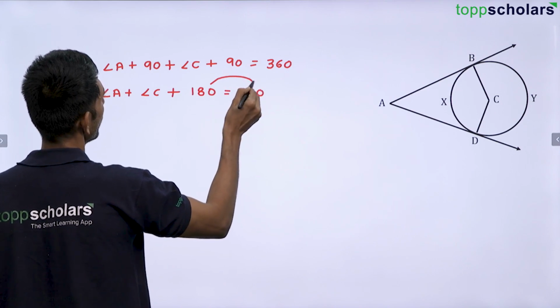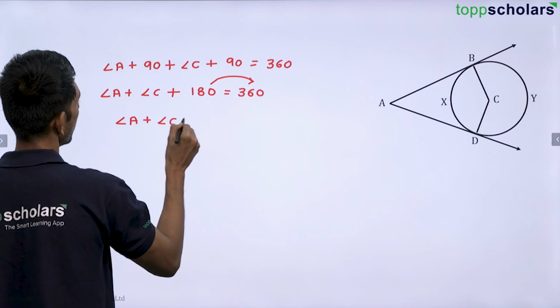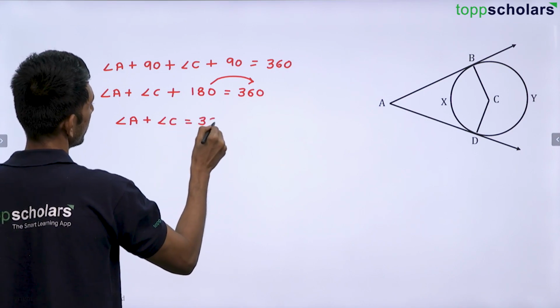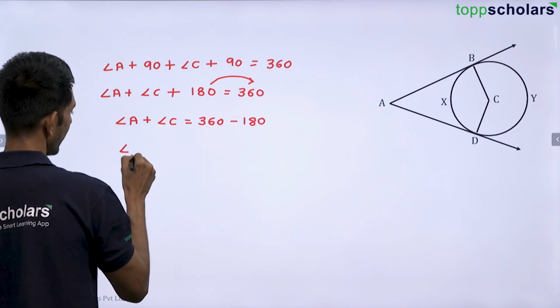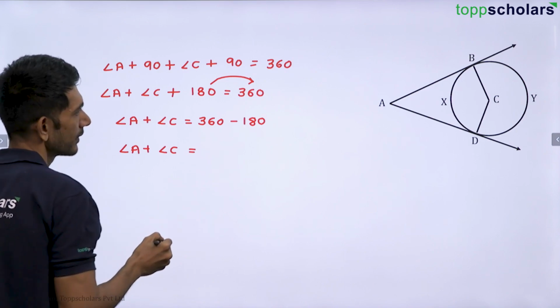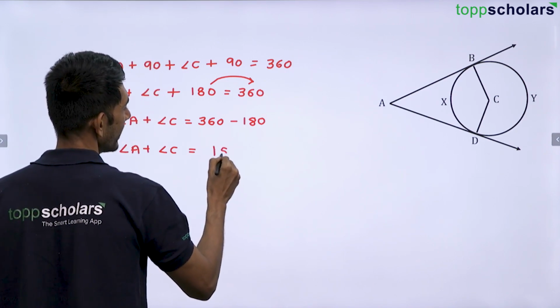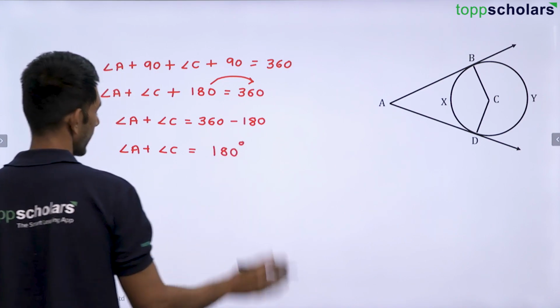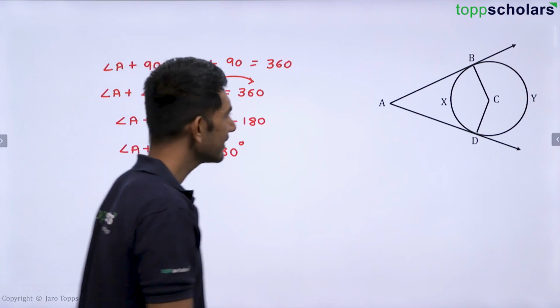So if I take 180 on the other side, can I say angle A plus angle C is 360 minus 180. So can I say angle A plus angle C is equal to 180 degrees, correct?